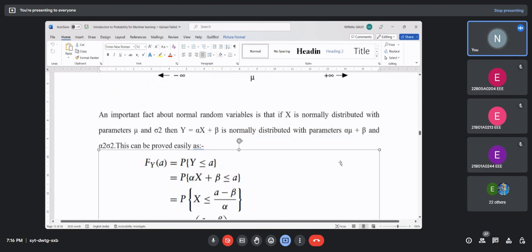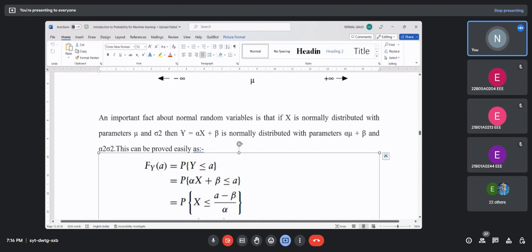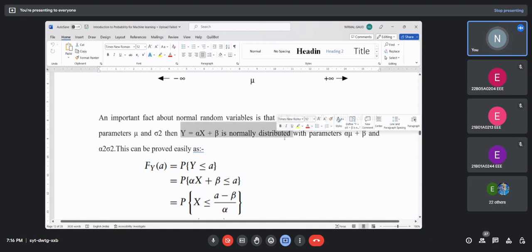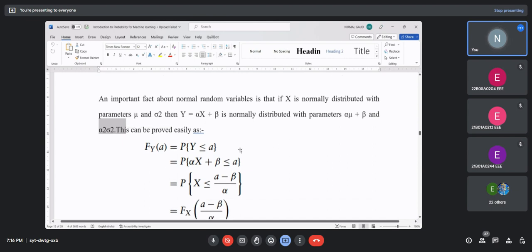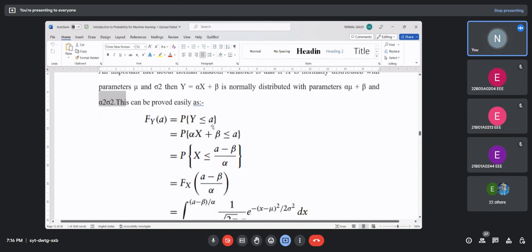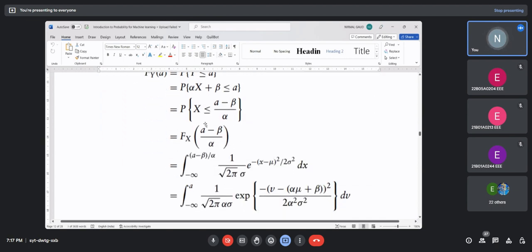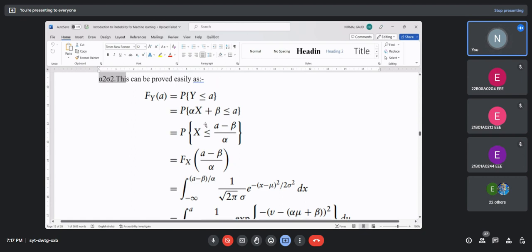So if you have been given a problem y equal to alpha x plus beta to check whether it's normally distributed with alpha nu plus beta, you need to check between this and this. For that purpose you need to prepare a function accordingly. So don't get confused, it's not at all a hard or complex thing.